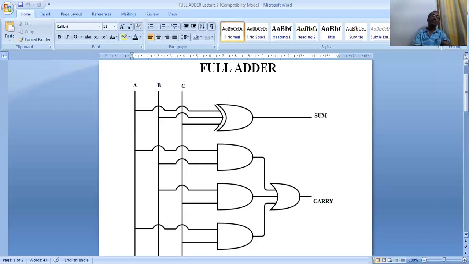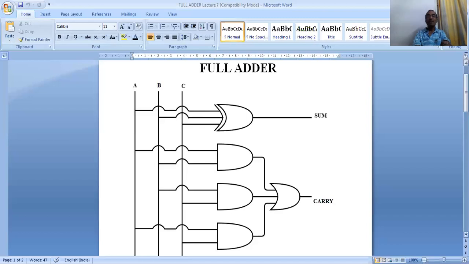AB next to B, C dropped. BC next to C, A dropped. CA next to A, B dropped. Understand? In this way, the three inputs are connected to upper XOR gate and serially, not a three gates.